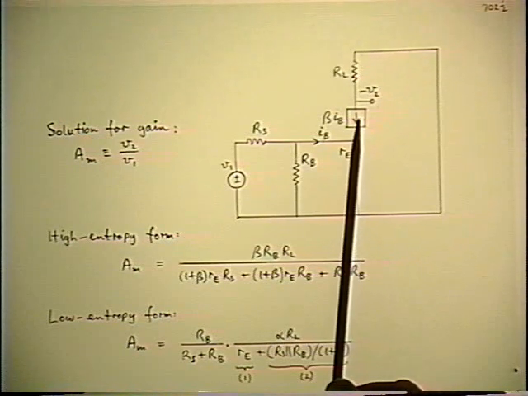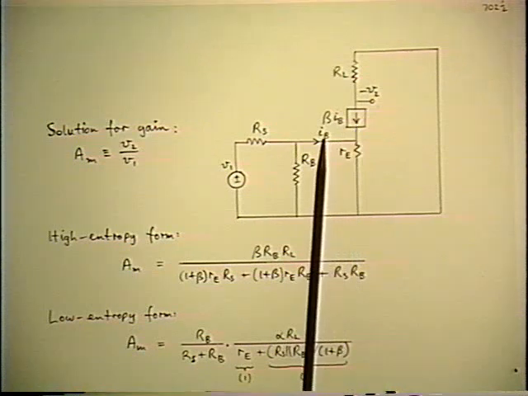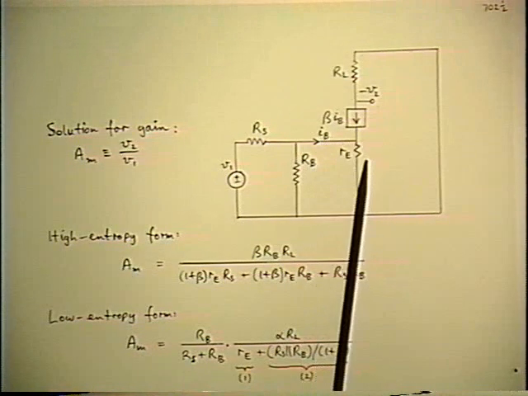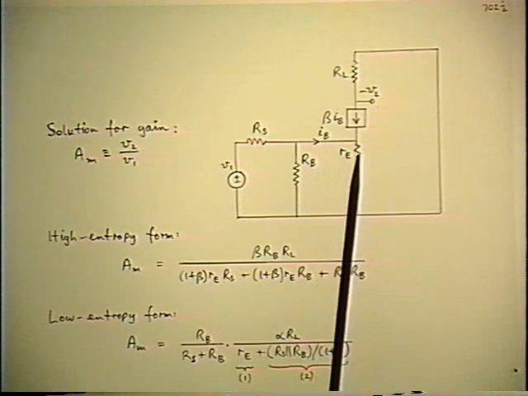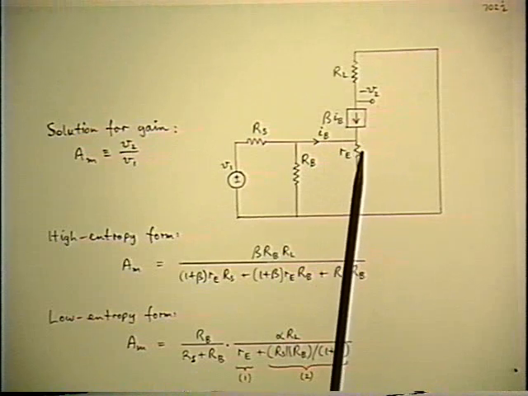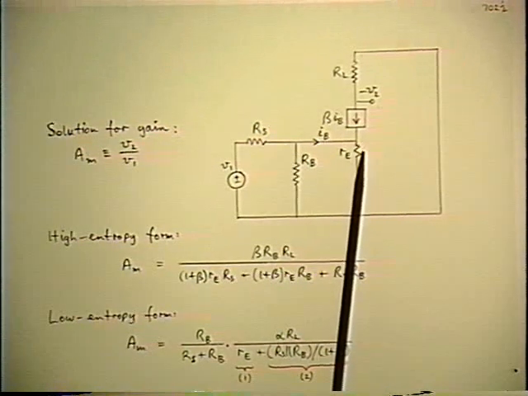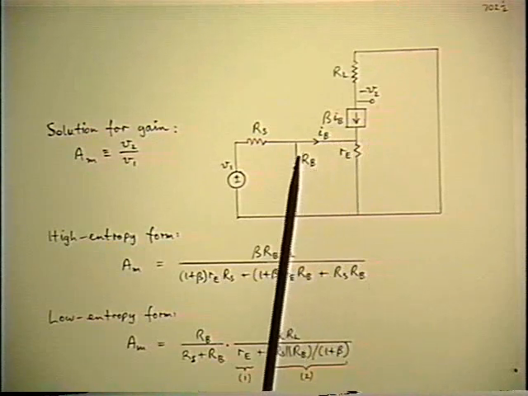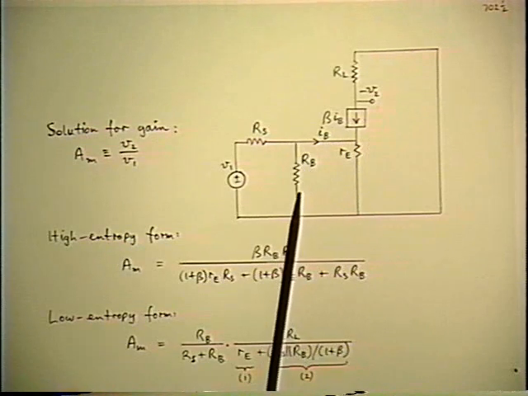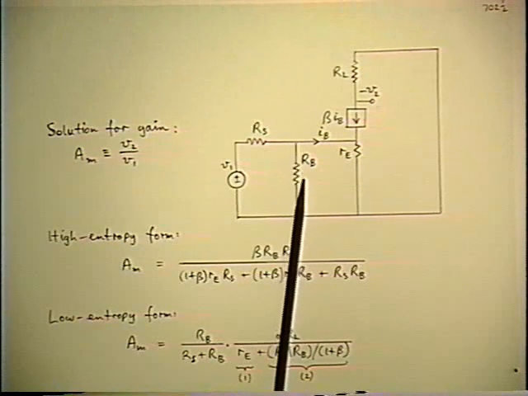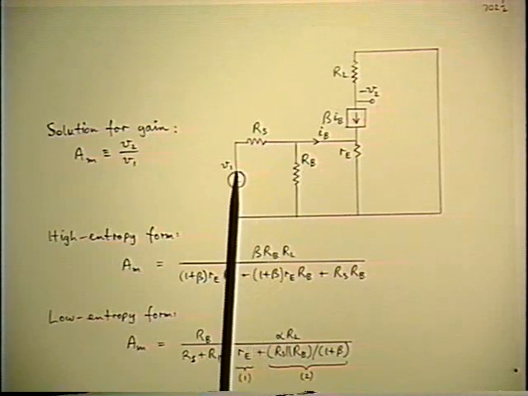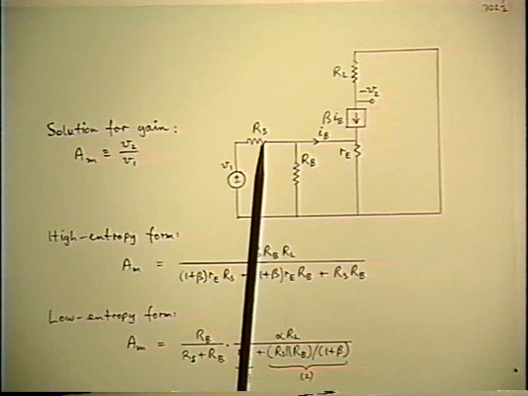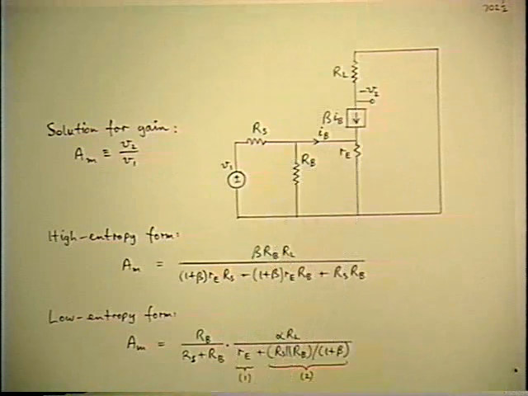The collector current generator is beta times the base current, and the base emitter junction is represented by RE, which is the diode slope resistance. Outside the transistor, you have a bias divider collapsed into RB. We have an equivalent source, V1, source resistance RS, and we have a load resistance RL.